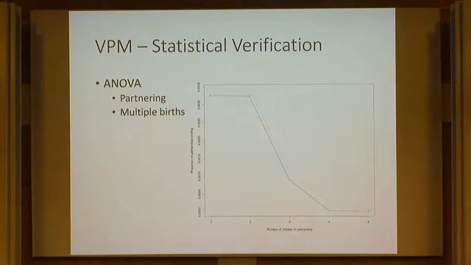The other approach we take, or are looking into taking, is doing an overall comparison between two statistical inputs. The idea here is, for example, partnering. Let's talk about multiple birth, far simpler. You have an input curve, for which we can train a regression.